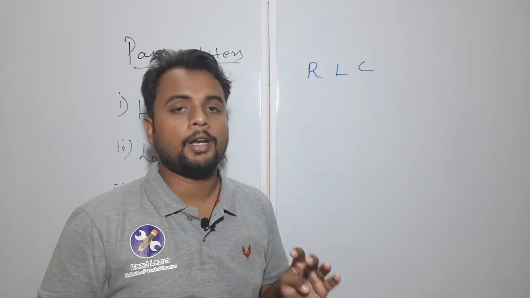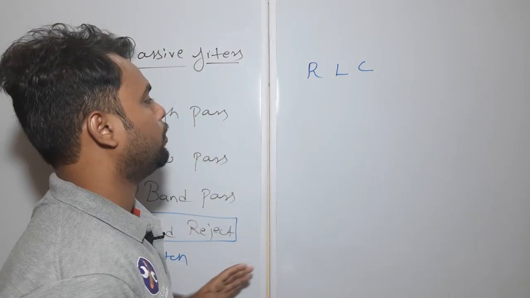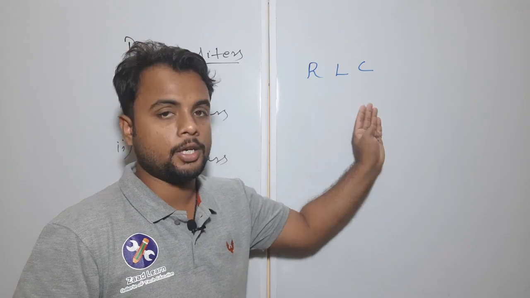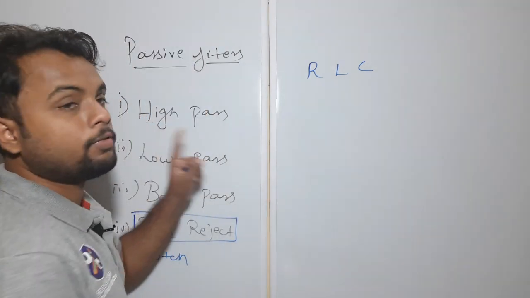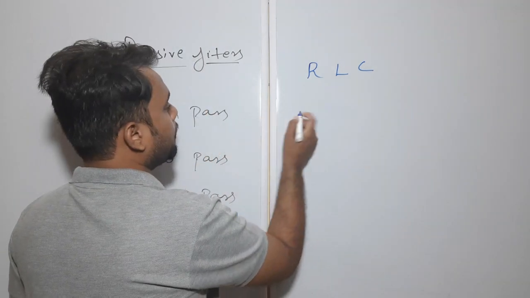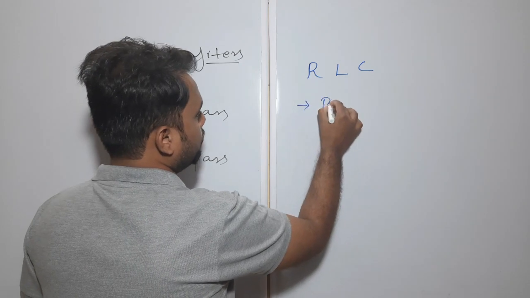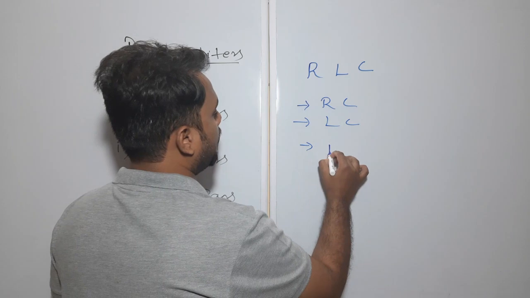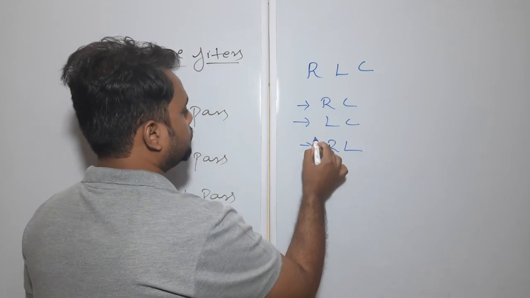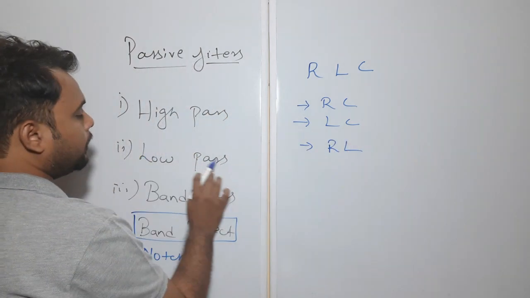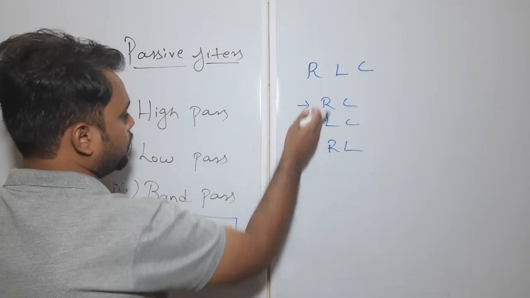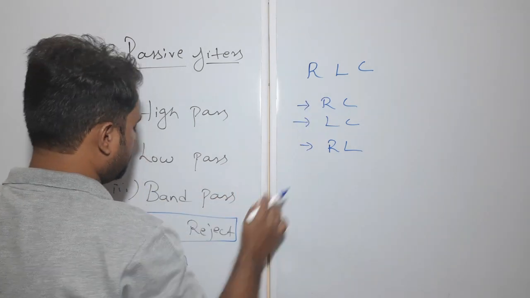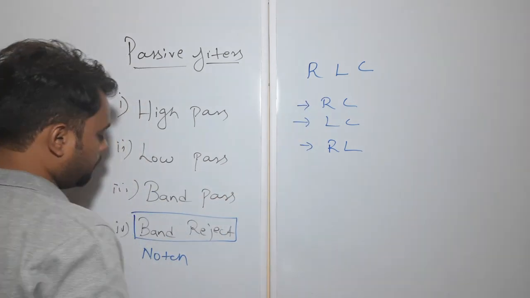We can make any filter we want using the combination of these three components. So a high pass filter can be made with the combination of RC filters, LC filters and RL filters. Likewise, a low pass filter can be made with these three combinations, a band pass filter can be made with these three, and a band reject can also be made with these three.